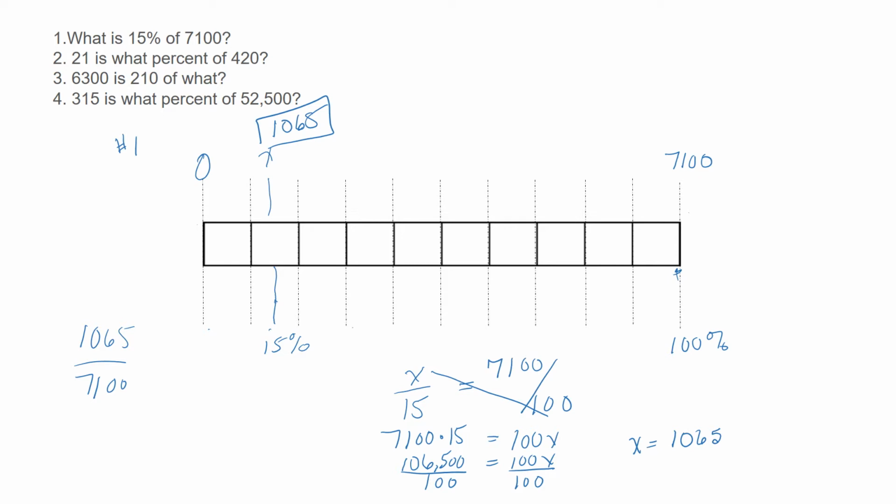And you get 0.15. And we know that 0.15 is the same thing as 15 out of 100. We would read this 15 hundredths, 15 out of 100, or 15%.